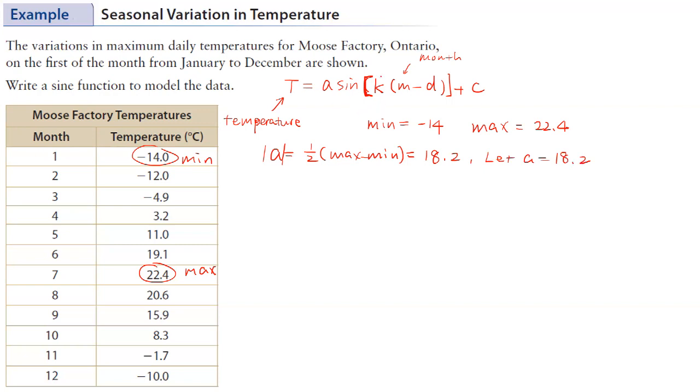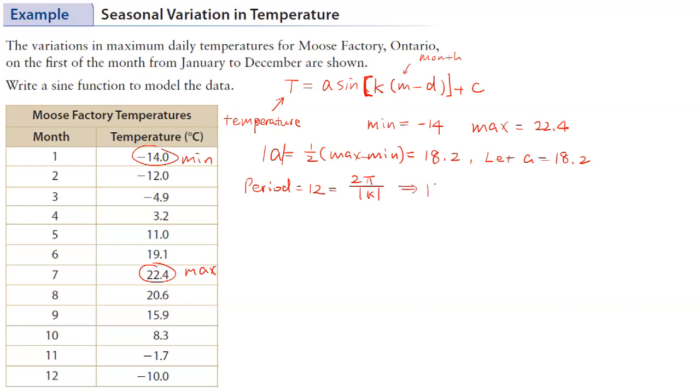Next, we consider the value of k. If you model data like this, we consider 1 year as a cycle. So the period is 12 months, which is 2 pi over the absolute value of k.